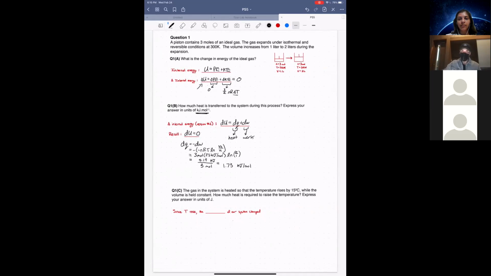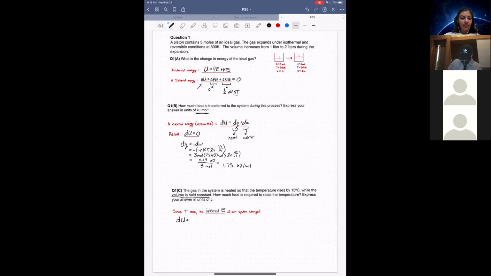Isn't ln of? Oh, sorry, never mind. Okay. So the gas in the system is heated, so the temperature rises, so it's not isothermal anymore. But now the volume is constant. So since the temperature rose, that means the internal energy of our system changed.